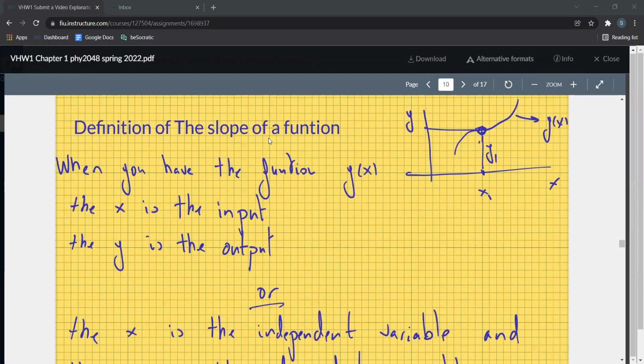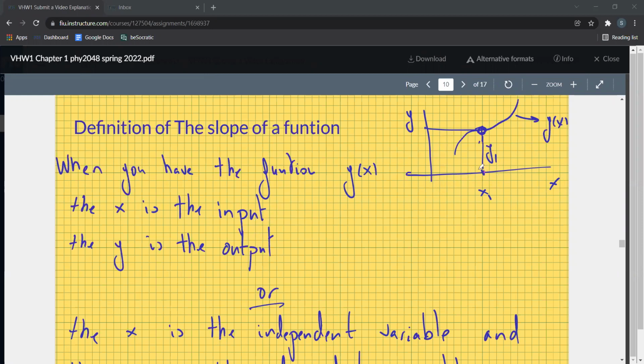Okay, the definition of a slope function. When you have a function y of x, the x is the input and the y is the output. So what that means is when you have your input, x is, again, independent, right? It goes regardless of what the y does. The y, however, takes the input from the x and results in an output.